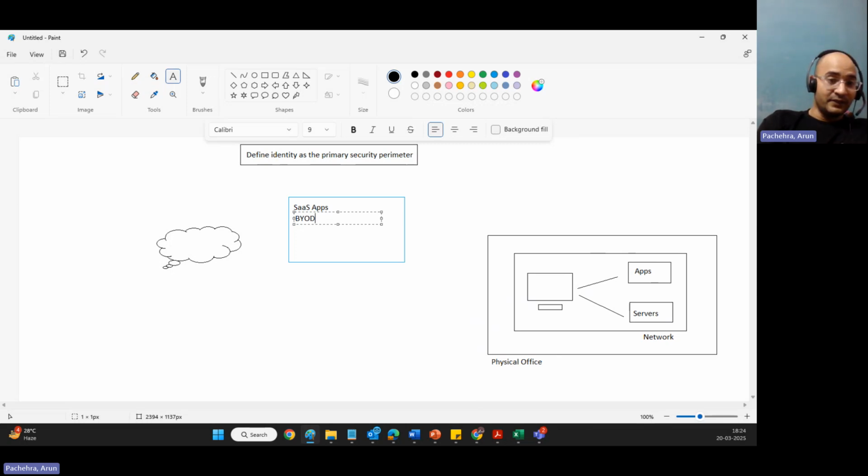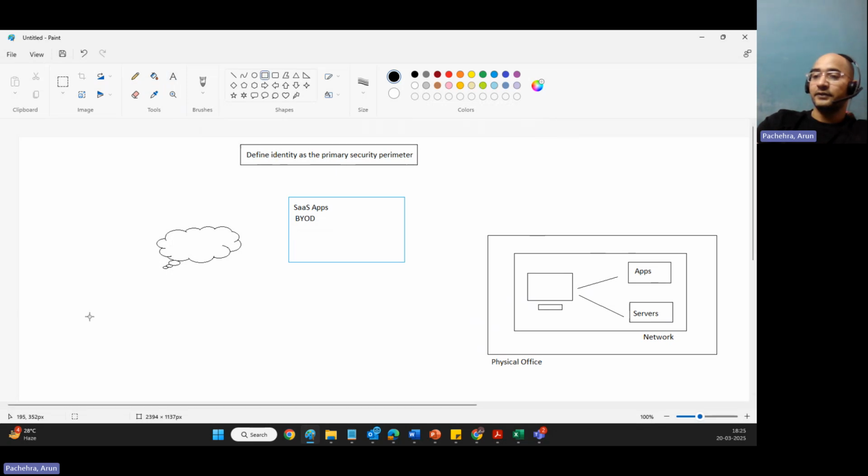There may be flexibility where people are allowed to access corporate resources through their own tablet, mobile phone, or laptop, because a lot of applications are SaaS. So there's bring your own device. We cannot do that in the old way because nobody is trusting you if you're accessing from outside, right?